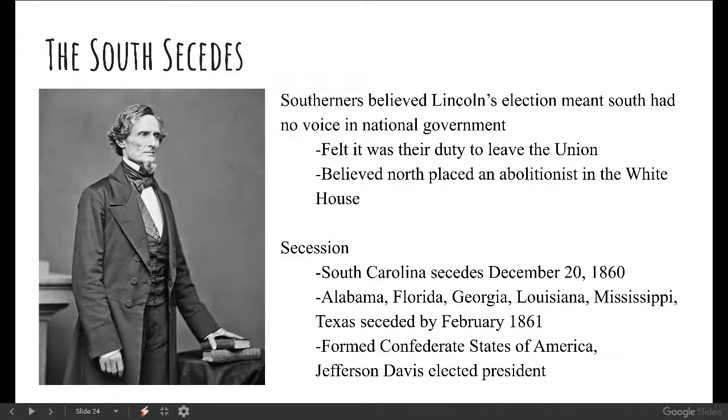So within 3 months, all of those states had seceded from the Union, broke off. And those states form the Confederate States of America. So when we talk about the Confederacy, this is who we're talking about. And they elect their president as Jefferson Davis, who is pictured here. All right, so he's going to be the leader of their southern country, the Confederate States of America.